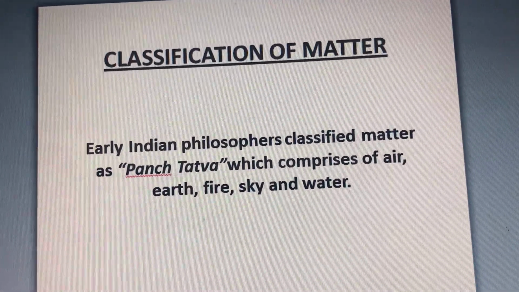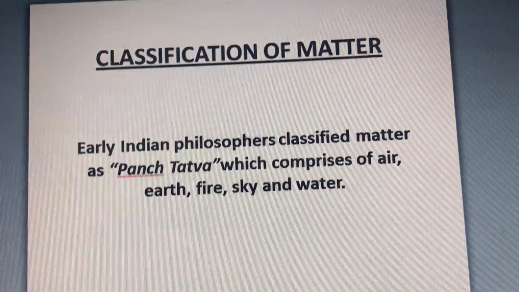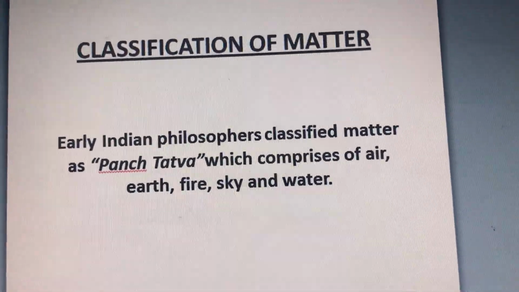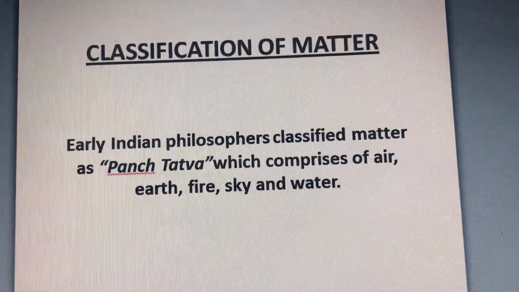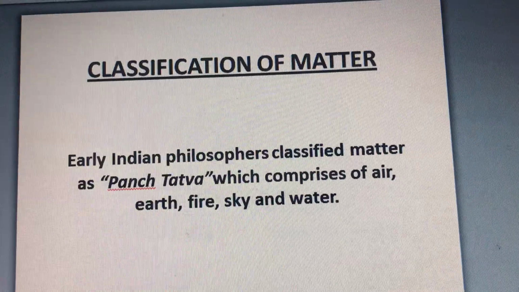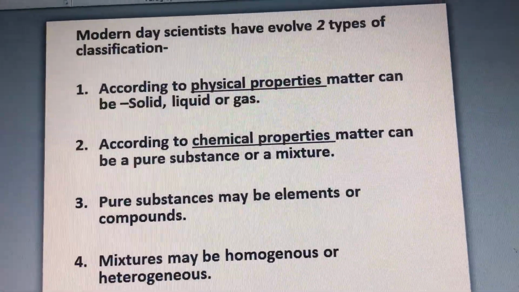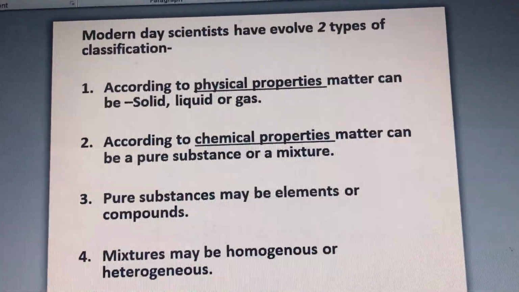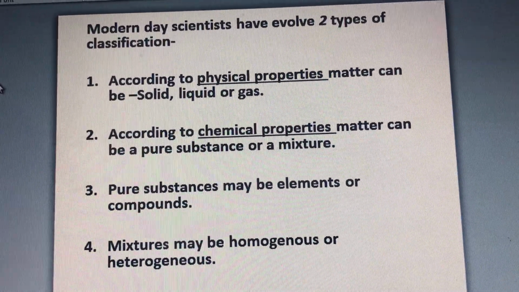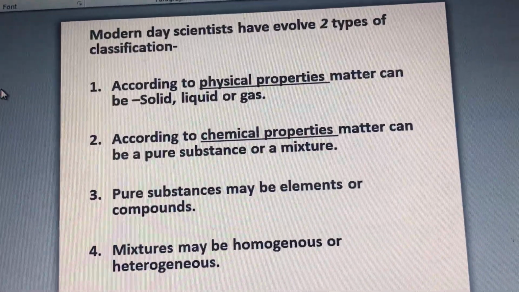Classification of matter. Early Indian philosophers classified matter as Panch Tattva, which comprises five things, namely air, earth, fire, sky, and water. But modern scientists have evolved two types of classification of matter according to physical properties and chemical properties.